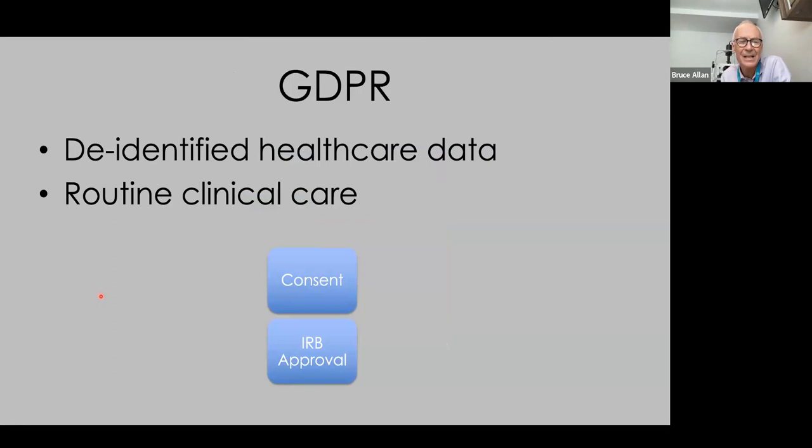And if the data is collected in the course of routine clinical care, you don't need any special measures for consent or IRB approval, so ethical review. You can just go ahead and do the analysis on anonymized data, data with the personal information removed that you collect in the course of routine clinical care. So that makes research a lot easier to do and a lot less expensive than it would be otherwise. And so this is very much the direction in which healthcare is moving. That's towards protocol-driven care.